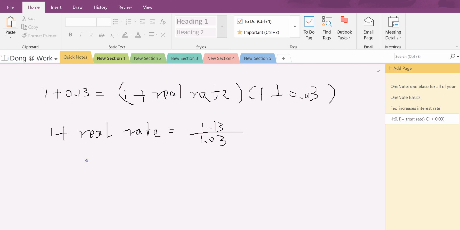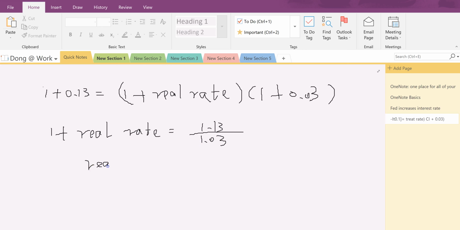And hence, real rate. Actually, I don't rush to get this number because I want to follow the rounding requirement, not to round intermediate calculations. So I just keep the format as this.